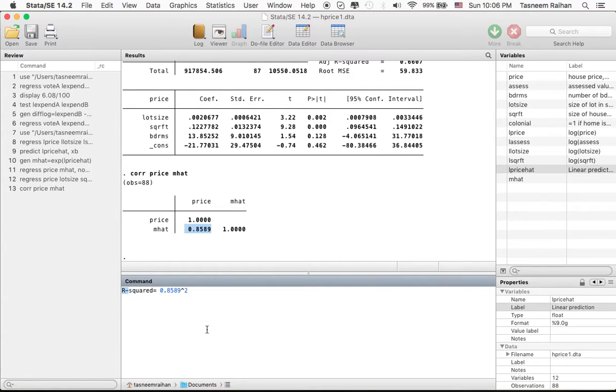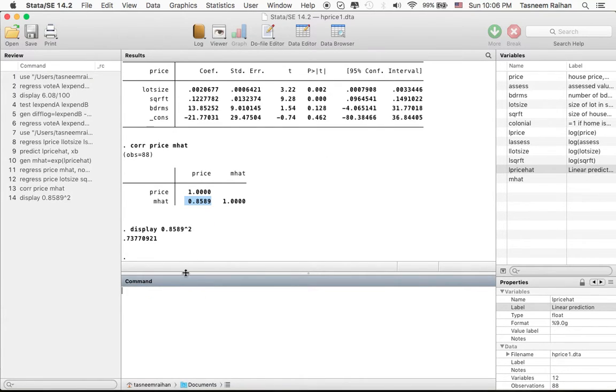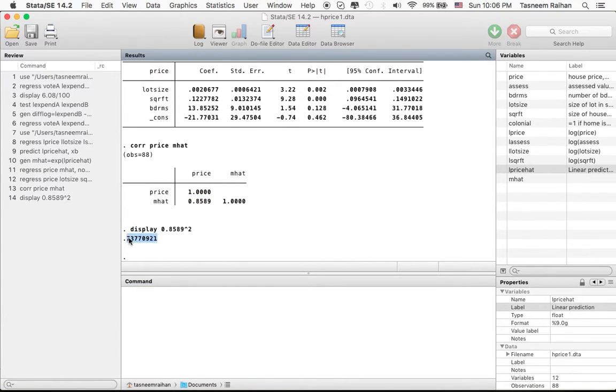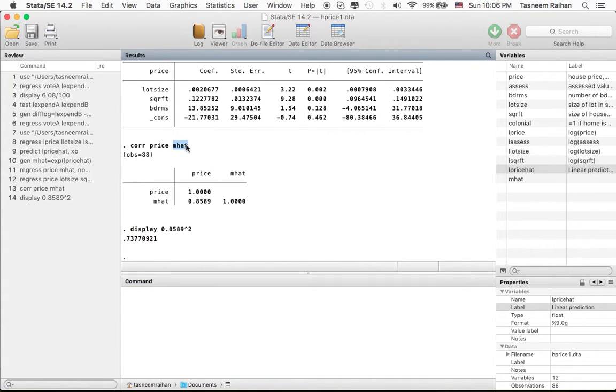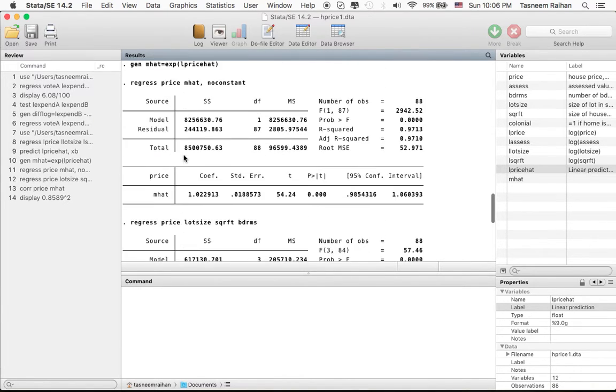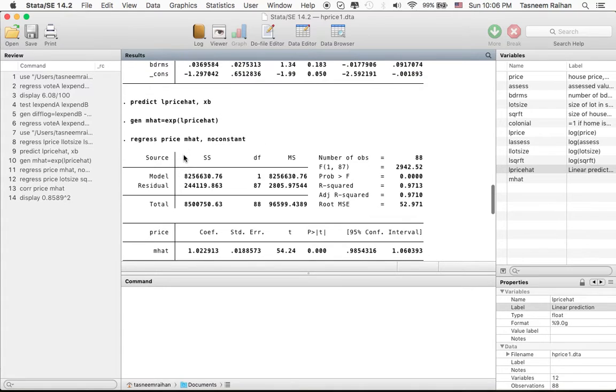So what you can do is just write display this. Here we have the r squared. First we calculate the correlation between price and the predicted value of price. Remember m hat. Let's go back to how we defined m hat. M hat was the exponent of the log price hat.